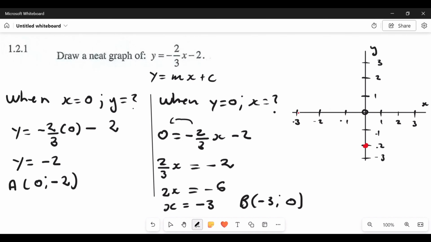From there, we just connect these 2 points. Let's connect these 2 points, guys. Here is our graph. You can name this graph y is equal to negative 2 over 3 x minus 2. So this is our straight line graph. Some of you don't like to draw this, and it's fine as long as you show these points here.